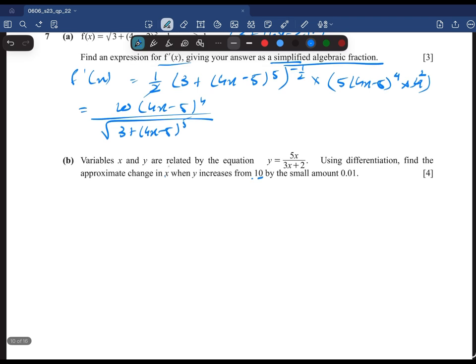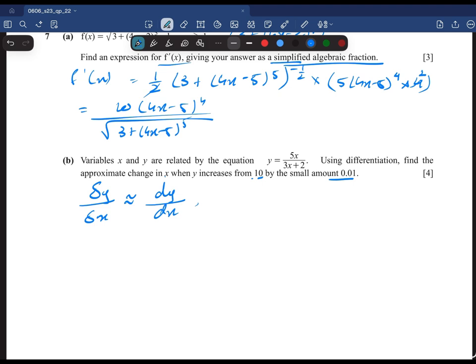Alright, variables x and y are related by the equation so and so. Using differentiation, find the approximate change in x when y increases from 10 by the small amount 0.01. Now small change in y upon small change in x is approximately equal to dy upon dx.